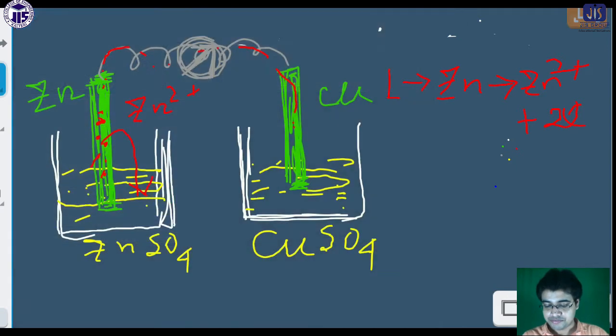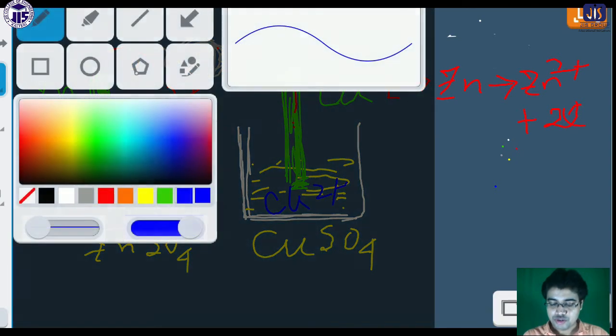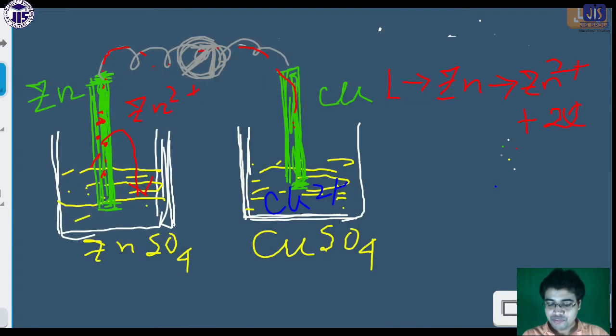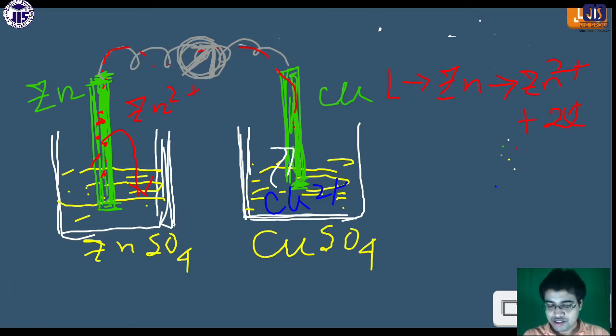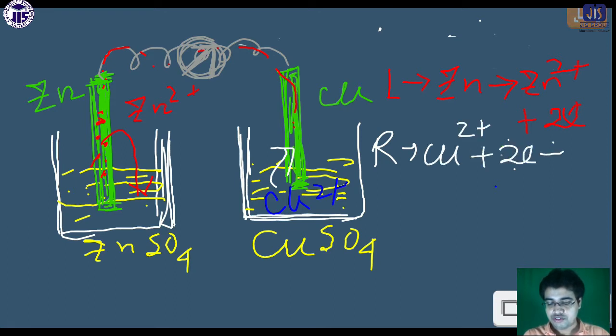In the solution there is copper 2+, isn't it? So copper 2+ will go to the electrode. Okay, so what is the reaction in the right hand side electrode? Copper 2+, after taking 2 electrons, is converted to neutral copper.